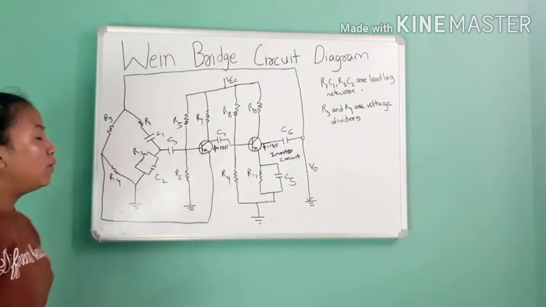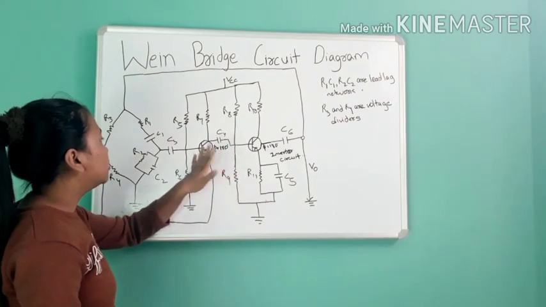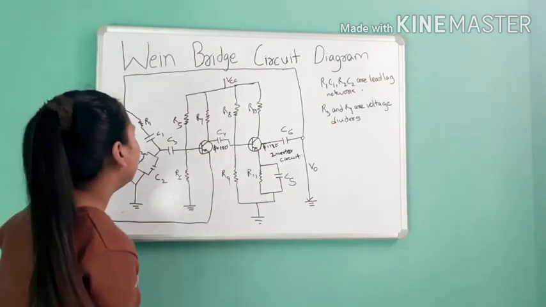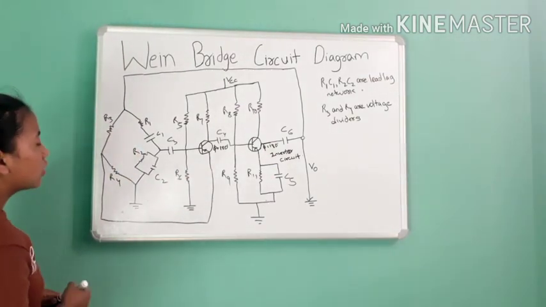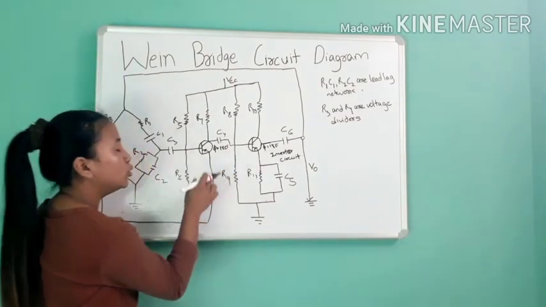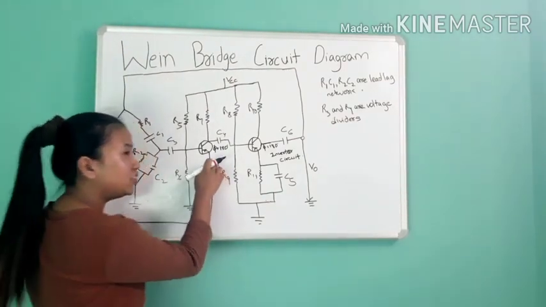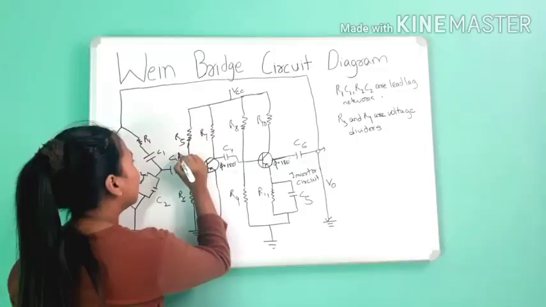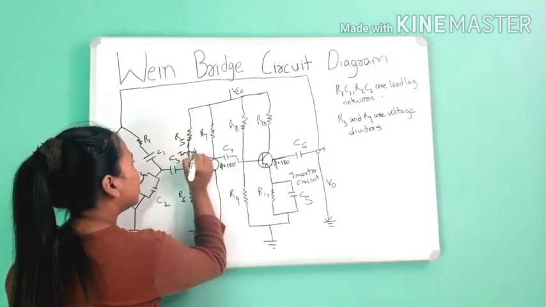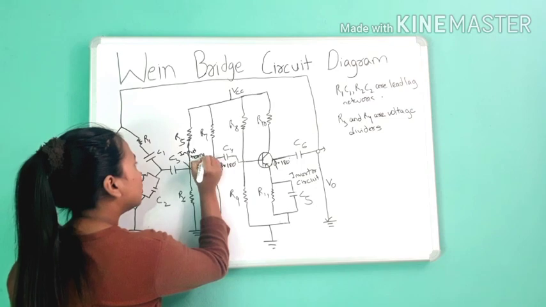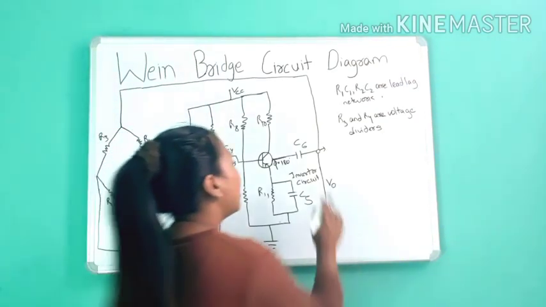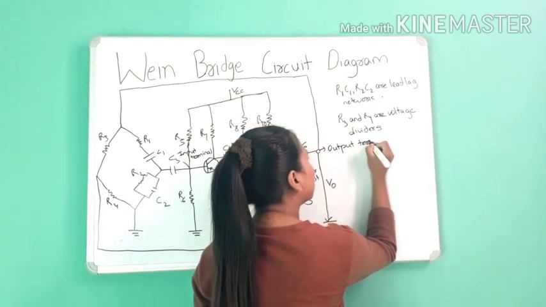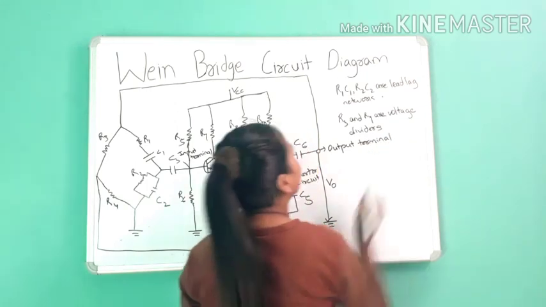circuit. Why? Because the oscillation produced from this circuit is inverted here, and this circuit is used as a production for oscillation and also is used as amplifier. And this is the input terminal, and this is the output terminal.